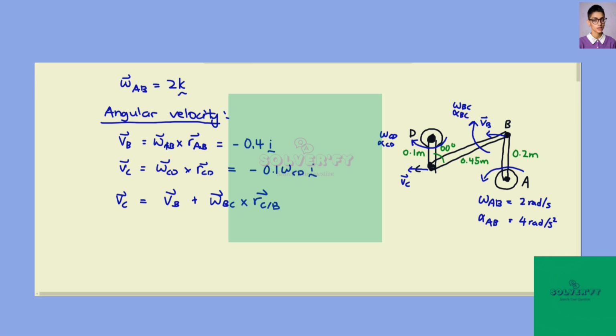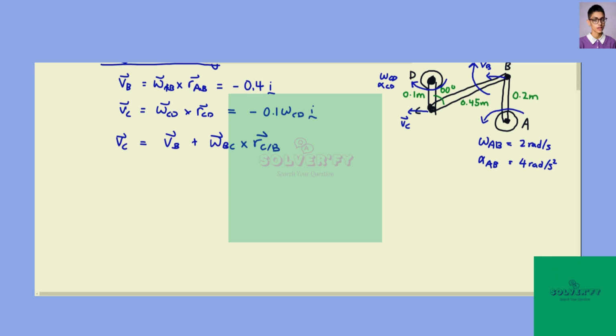So this is how the equation looks like. VC, negative 0.1 omega CD i, equals negative 0.4 i plus minus omega BC k cross negative 0.45 sine 60 degrees i plus cosine 60 degrees j.